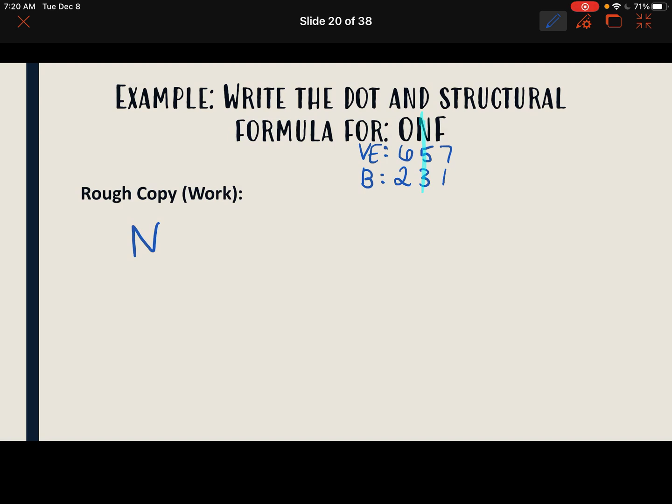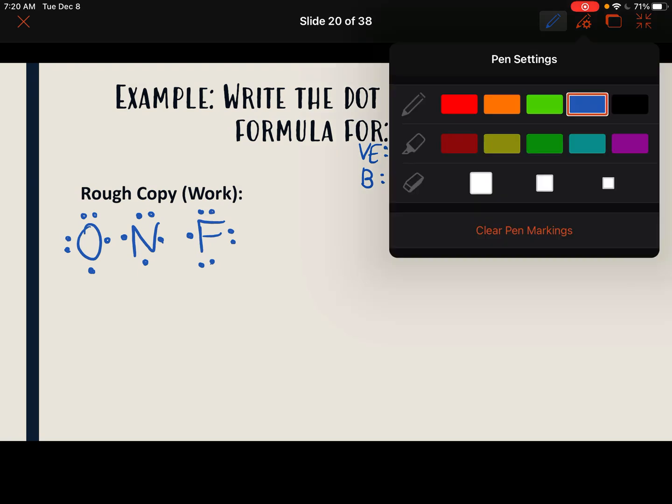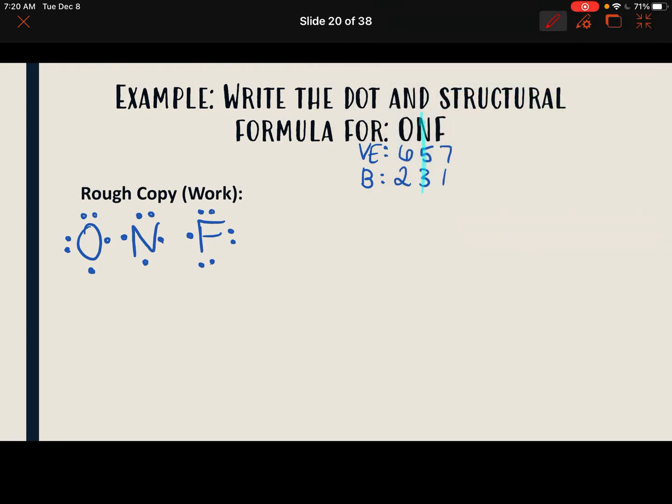Now it doesn't matter which side you put the oxygen on or which side you put the fluorine on, as long as nitrogen is in the middle. So again, nitrogen is going to have 5 valence electrons, fluorine is going to have 7, and then oxygen is going to have 6. Okay. Now, I'm going to make the first bond with the element that needs to make the least number of bonds.